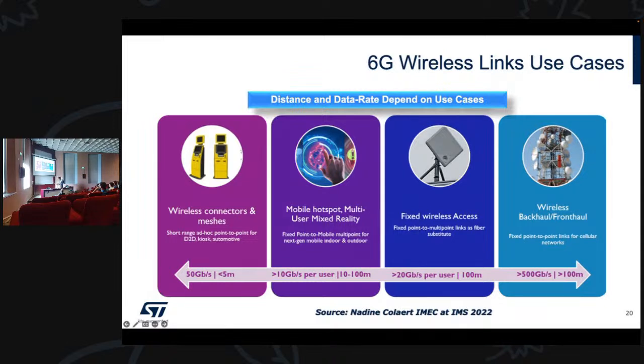I do not have SATCOM in this presentation, but SATCOM, as you have seen on the first slide for the network, is an important point. SATCOM will be mainly LEO SATCOM, so low altitude satellites like Starlink and so on.